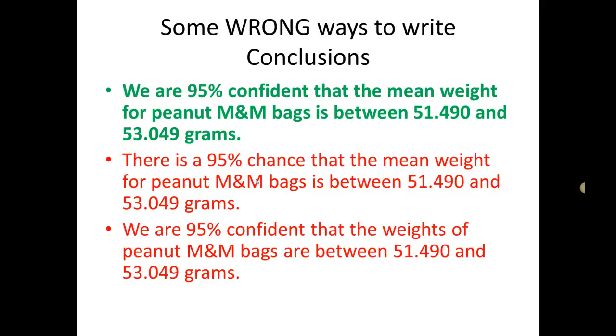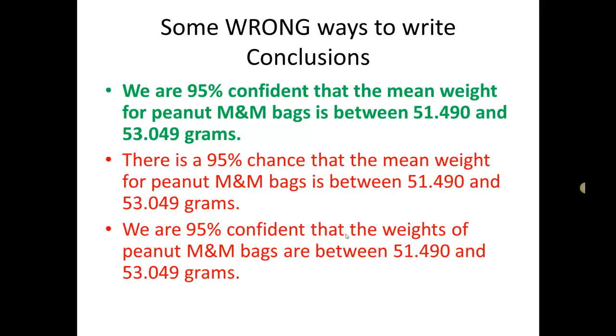Here's another one. We're 95% confident that the weights of peanut M&M bags are between 51.49 and 53.049. The problem with this one is that our confidence interval tells us where we expect mu, the population mean, to be. It doesn't say anything about where we expect individual observations to be or future sample means or anything else.